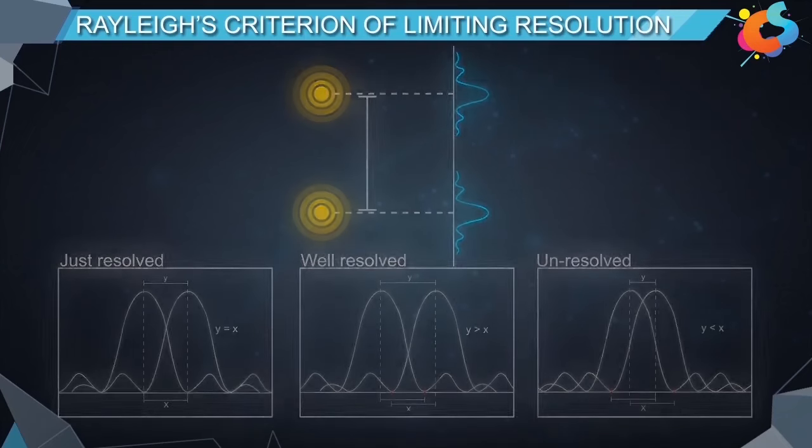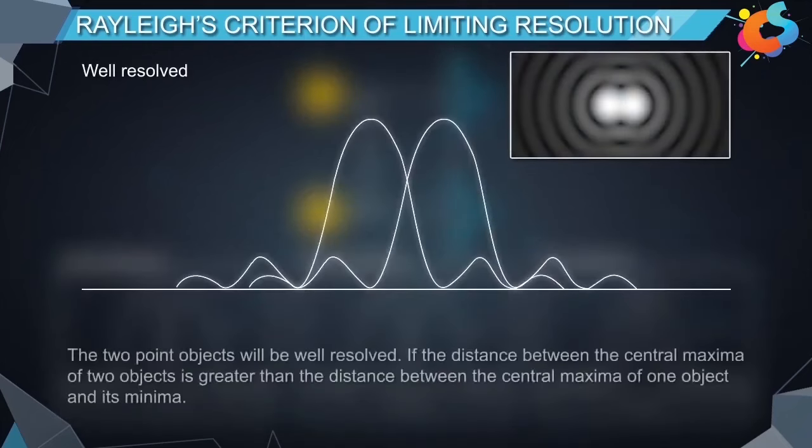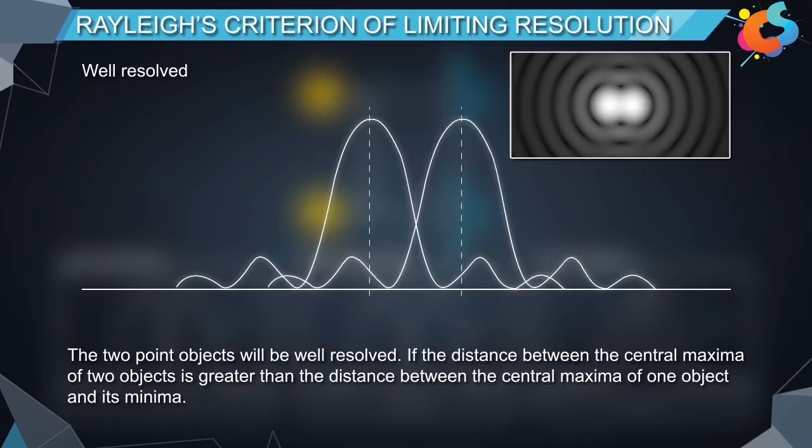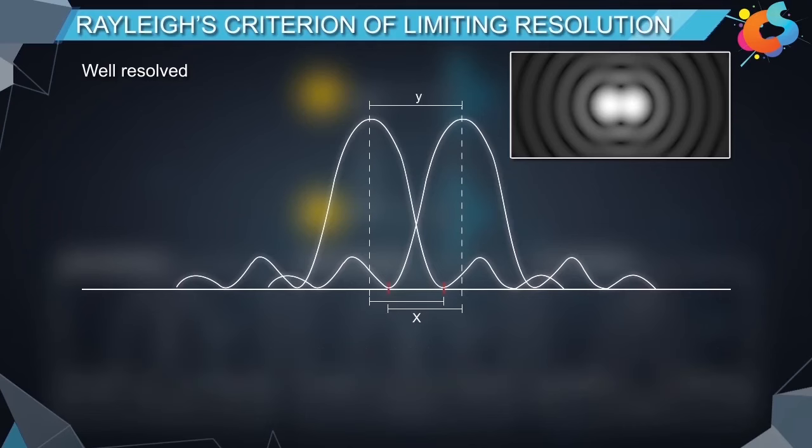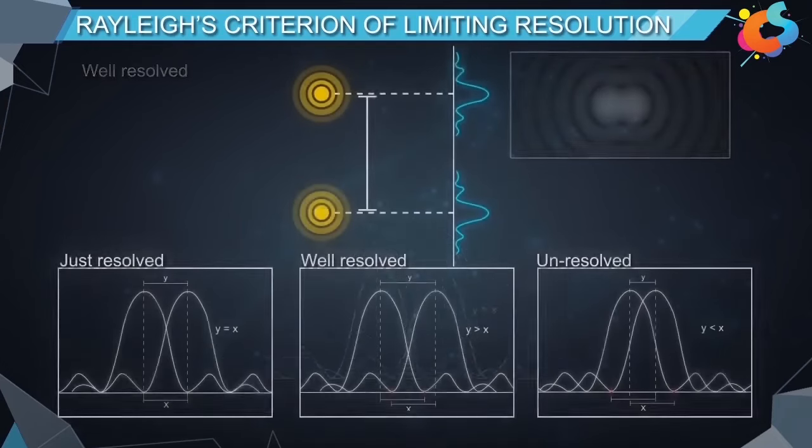Second criteria: two point objects will be well resolved if the distance between the central maxima of the two objects is greater than the distance between the central maxima of one object and its first minima. That is, if y is greater than x, the objects are said to be well resolved.